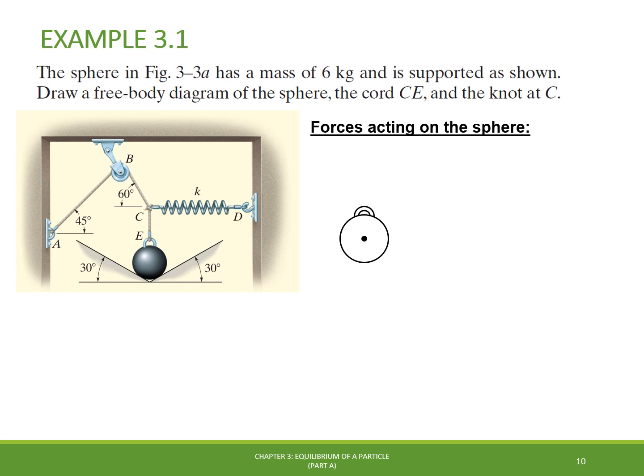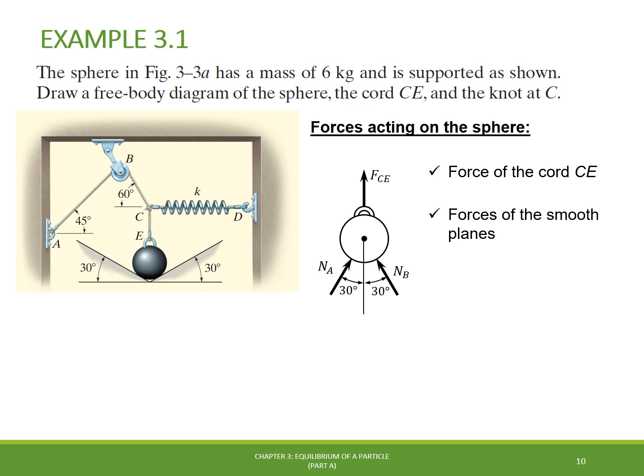After this exercise, we can identify 4 main forces acting on the sphere, which are the force FCE caused by the tension on the cord that pulls the sphere on, the 2 normal forces coming from the reaction with the smooth inclined planes, and the weight of the sphere, which can be readily calculated from the mass and the gravitational acceleration, resulting to 58.9 newtons. And this is the complete free body diagram for the sphere. With this diagram, we have everything we need to apply the static equilibrium equation and calculate, for example, the tension through the cord.